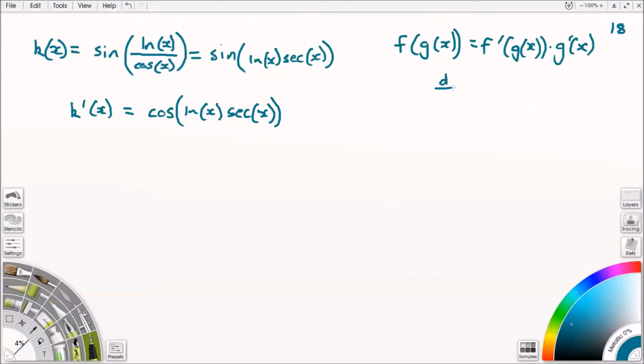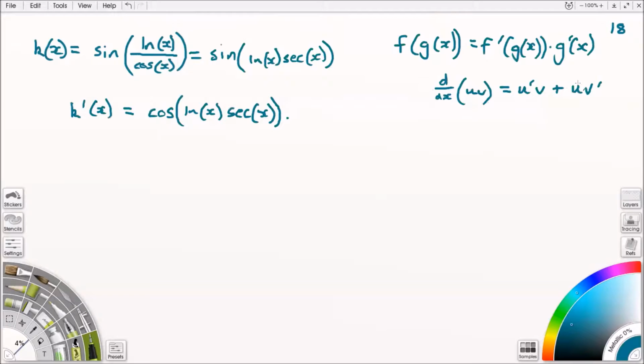So d/dx of uv is equal to u dash v plus u v dash. So there's our product rule that we can now write.